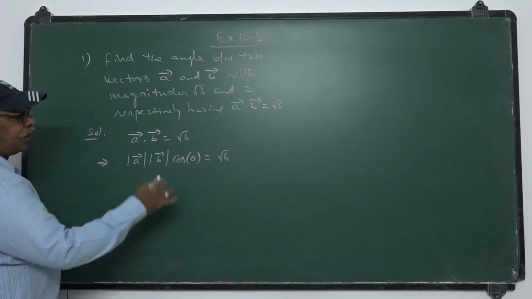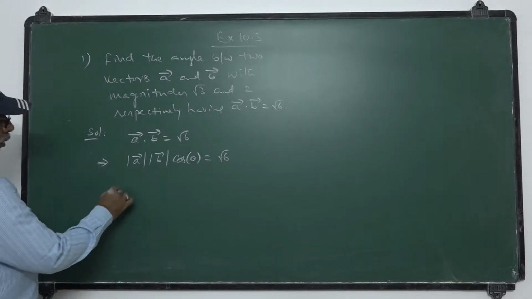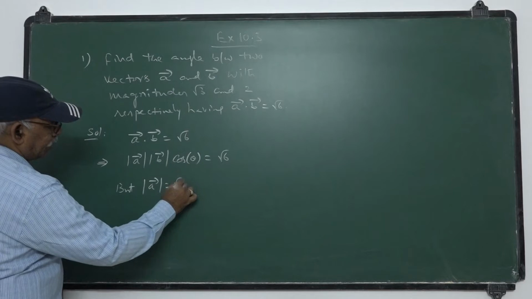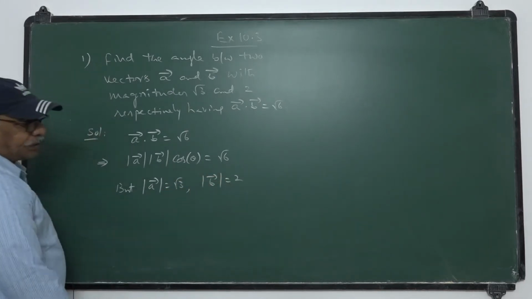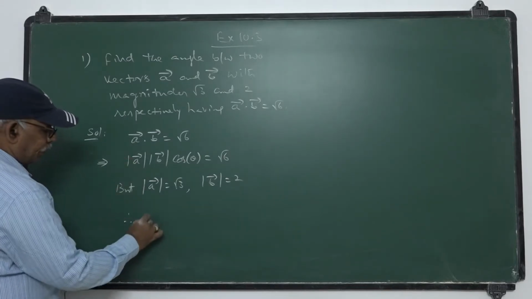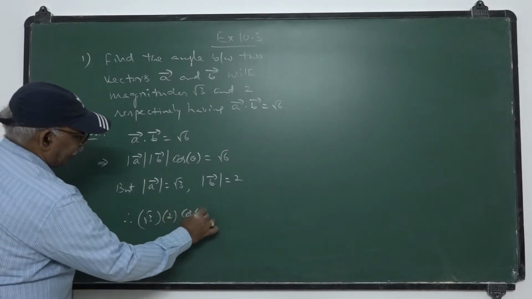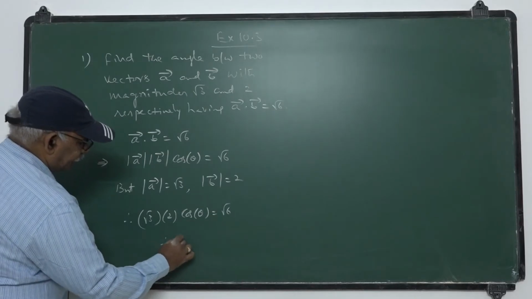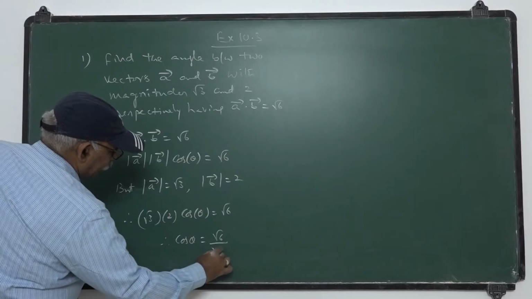But modulus of A bar is root 3, modulus of B bar is 2. Therefore, root 3 into 2 into cosine of the angle is root 6. So cos theta is root 6 by 2 root 3.